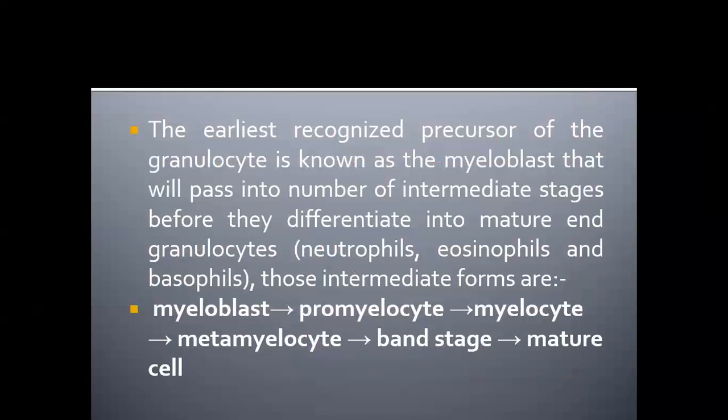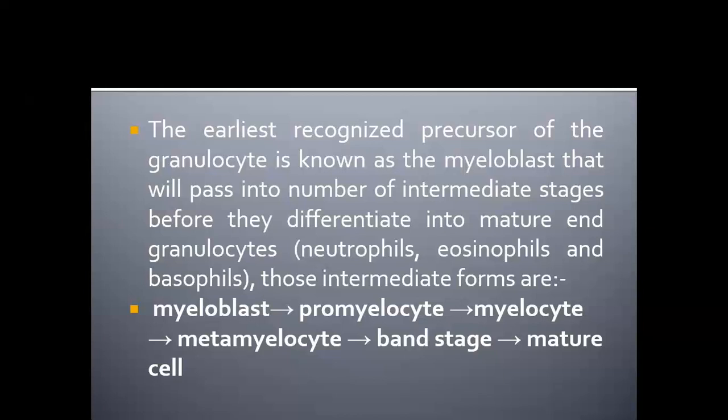Now, after the stem cell has given me the multipotent progenitor cell of the myeloid component, and it is committed into granulocyte formation, the earliest recognizable precursor of the granulocyte is known as the myeloblast. If you remember, with the red blood cells, the earliest recognizable precursor was the erythroblast, and we said it will pass through stages of differentiation until it finally becomes a mature red blood cell.